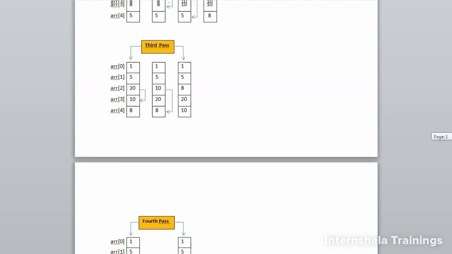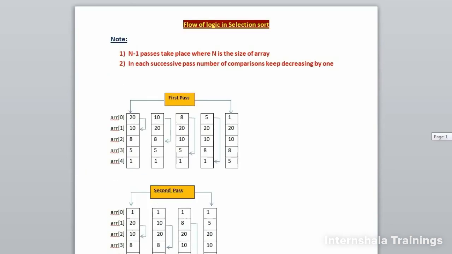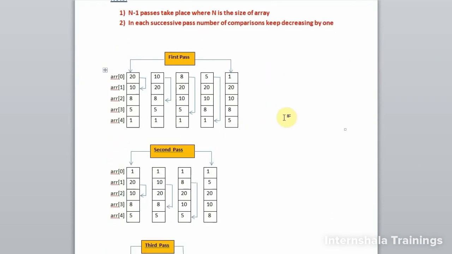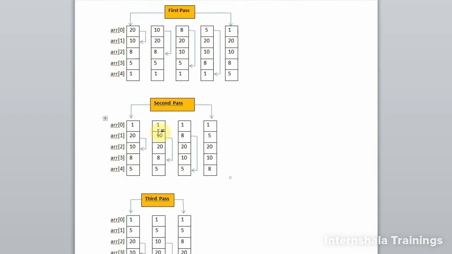So students, you can clearly see that like in bubble sort, here also in each successive pass the number of comparisons keeps decreasing by 1. As you can see, in the first pass 4 comparisons took place, and that is n minus 1 comparisons. In the second pass, the number of comparisons was only 3, that is n minus 2.